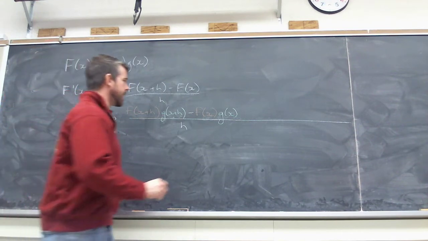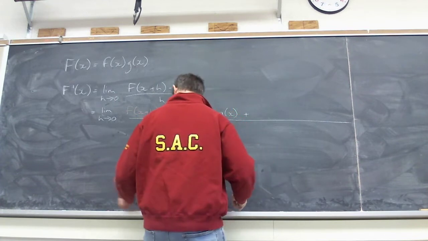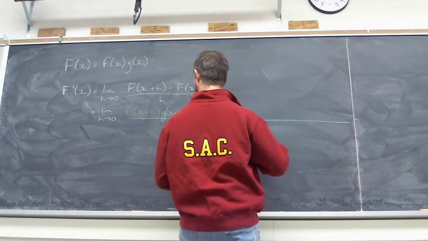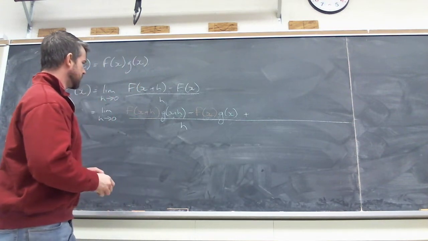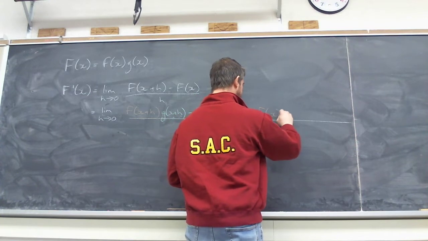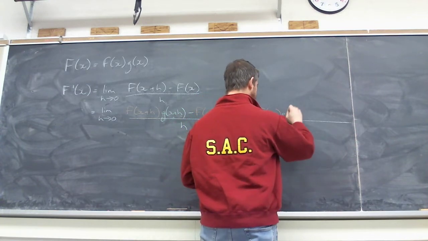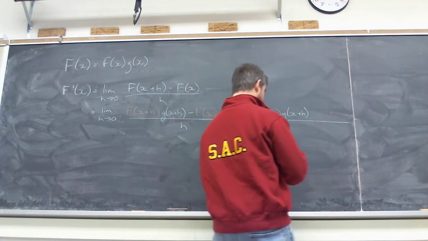I think I'm going to add this term. What am I going to do? Yeah, we'll go f(x) times g(x + h). So if I've added it, I also have to subtract it.